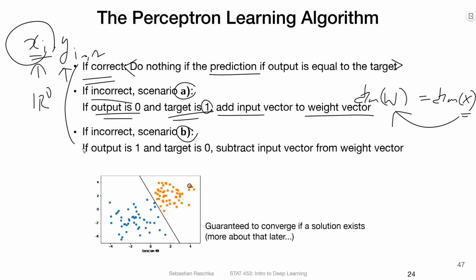On the other hand, if the output was 1 and the expected target was 0, then we're going to subtract the input vector from the weight vector. And by iterating this process over and over, it is guaranteed to converge if a solution exists.